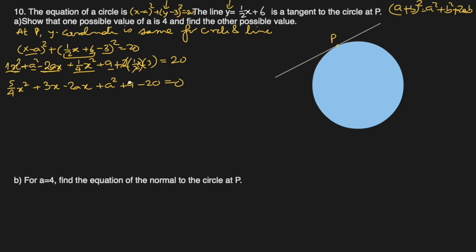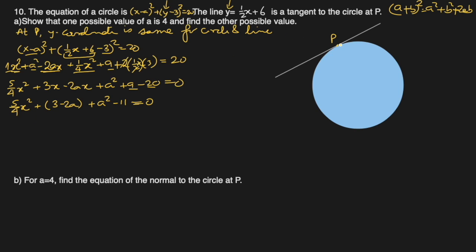This 20 is also taken to the left side. So 5/4 x squared, and let's take x common from these two: 3 minus 2a, and 9 minus 20 will be 11. So plus a squared minus 11 equal to 0.